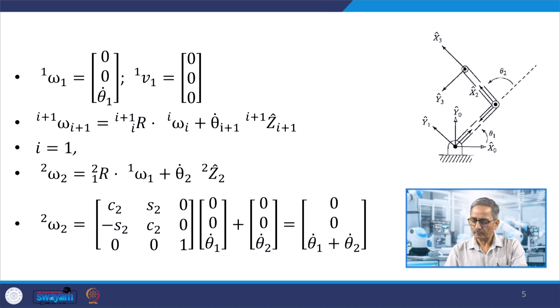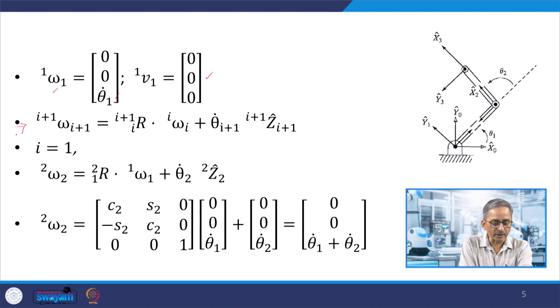So here, the angular velocity of the first link expressed in terms of frame 1 is going to be theta 1 dot in the z direction. As I said, frame 1 origin coincides with frame 0 origin, so it does not have any velocity, so you have 0 0 everywhere.